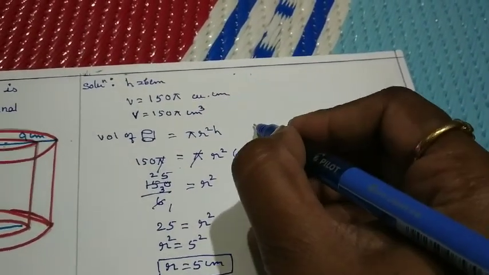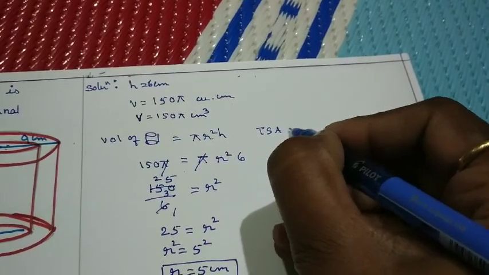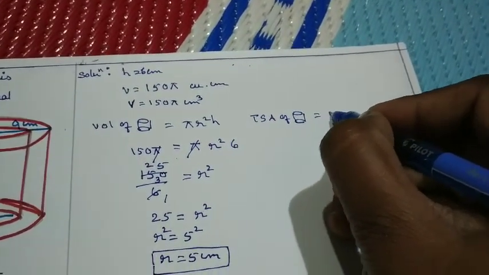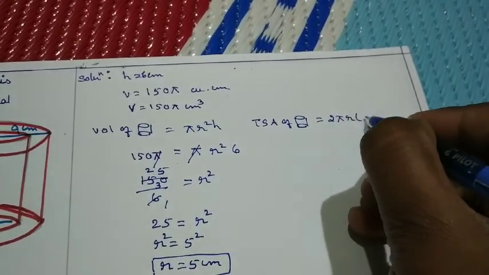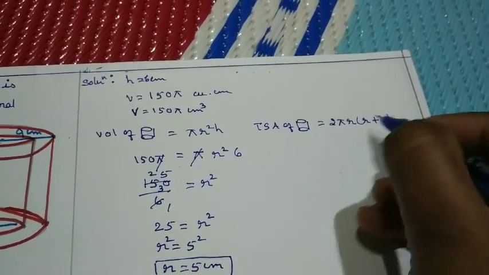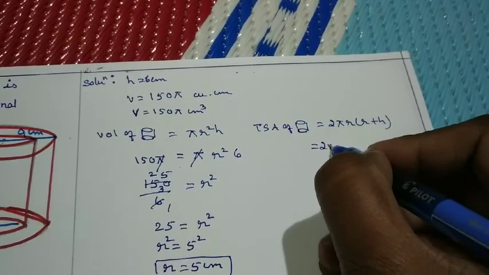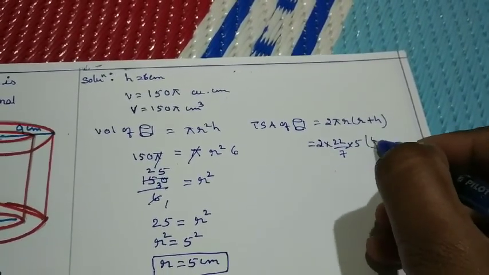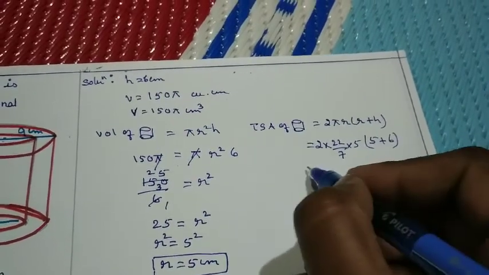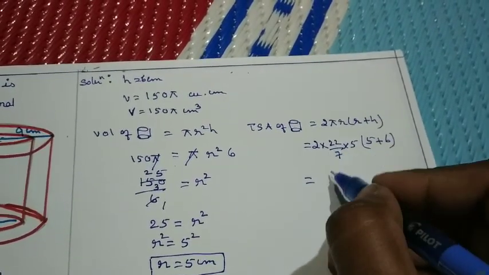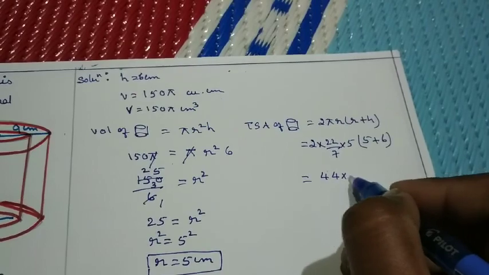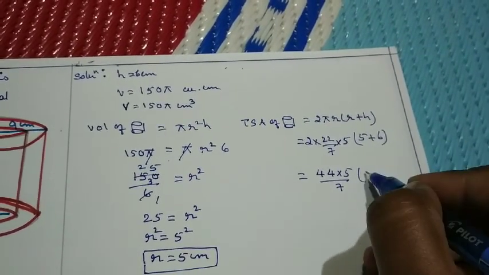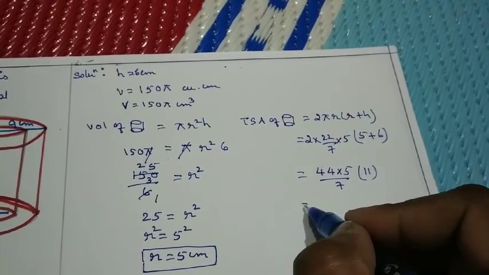Now we need to find the TSA. TSA of cylinder equal to 2 pi r into r plus h. Substitute the values. 2 into 22 by 7 into 5 and 5 plus 6. Then 22 2s are 44 into 5 by 7 and 5 plus 6 is 11. Further cancellation is not possible.